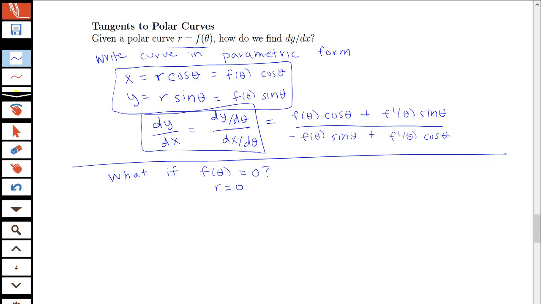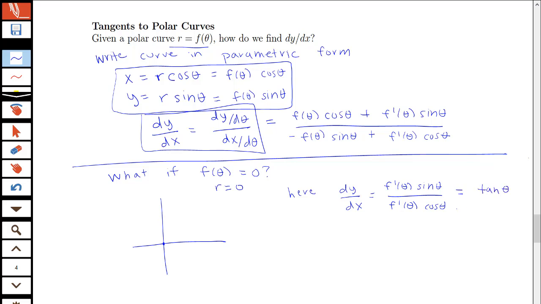Okay, so if the radius is 0, we're talking about the location of the point being at the origin. So in this case, you would have dy dx just equal to f prime of theta sine theta all over f prime of theta cosine theta. Okay, and this is just going to equal tan theta.